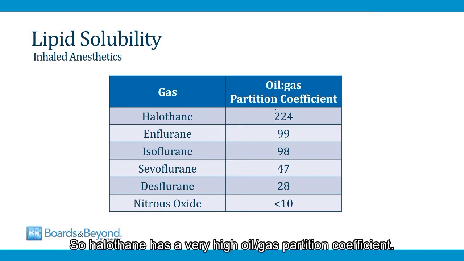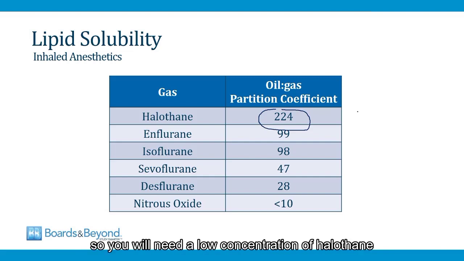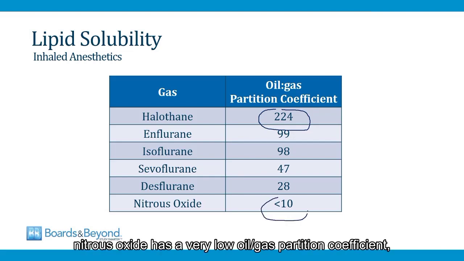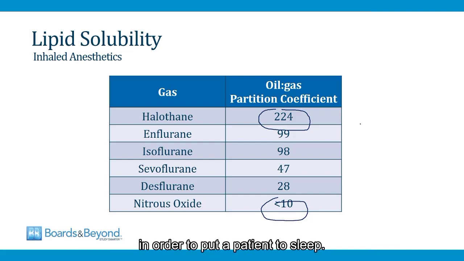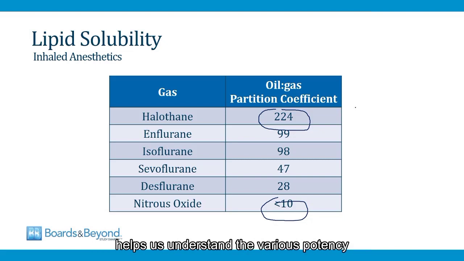So halothane has a very high oil-gas partition coefficient. This means it's very potent, so you will need a low concentration of halothane in order to put a patient to sleep. In contrast, nitrous oxide has a very low oil-gas partition coefficient. So you will need a very high concentration of nitrous oxide in order to put a patient to sleep. And so this is how the oil-gas partition coefficient helps us understand the various potency of different gaseous anesthetics.